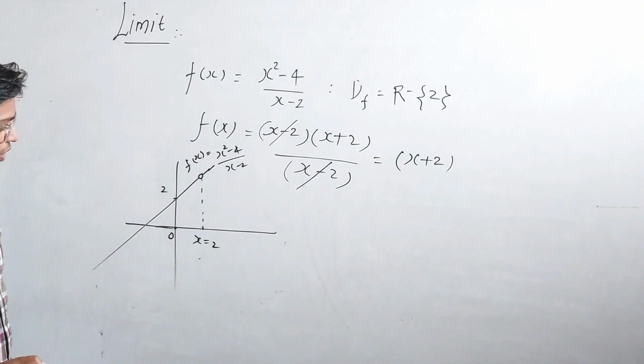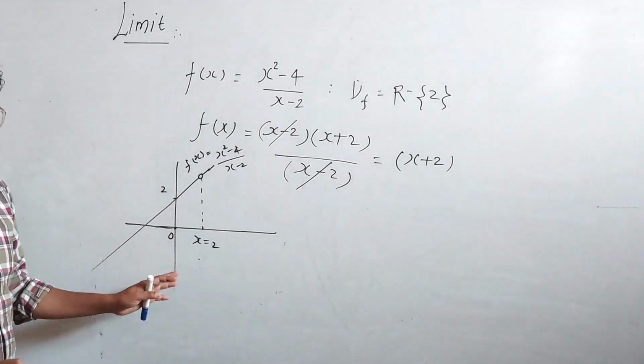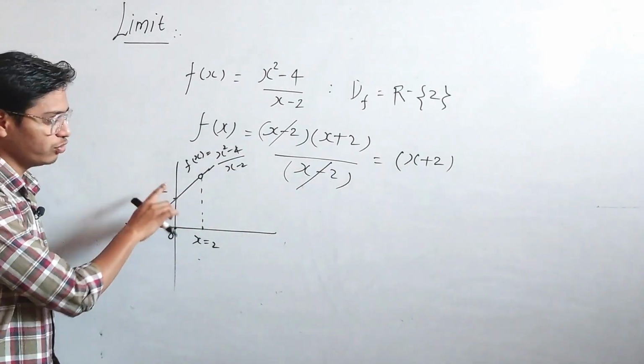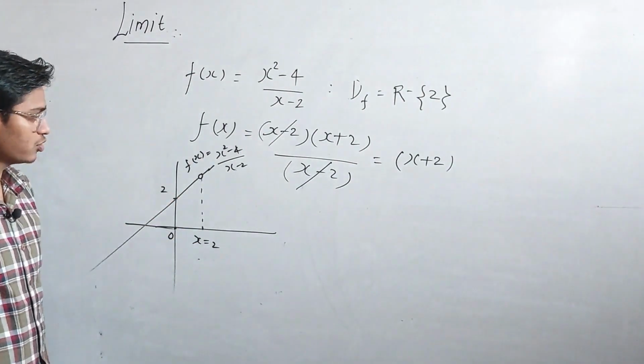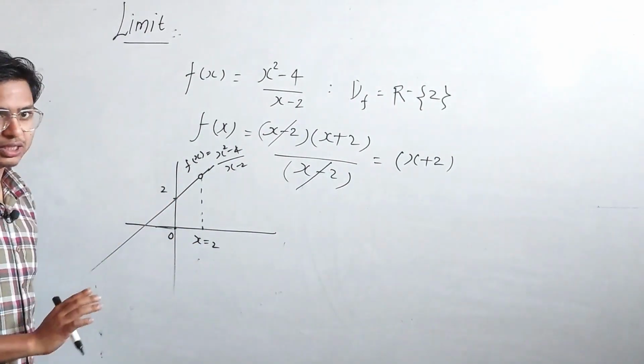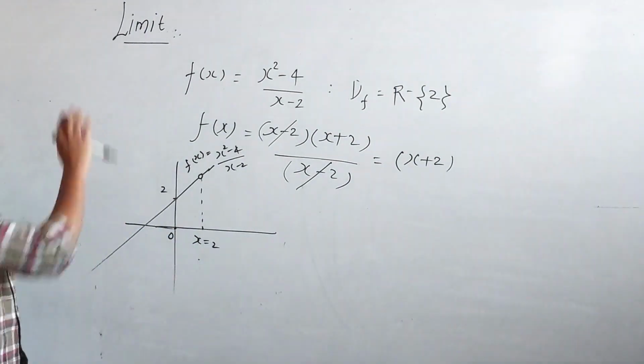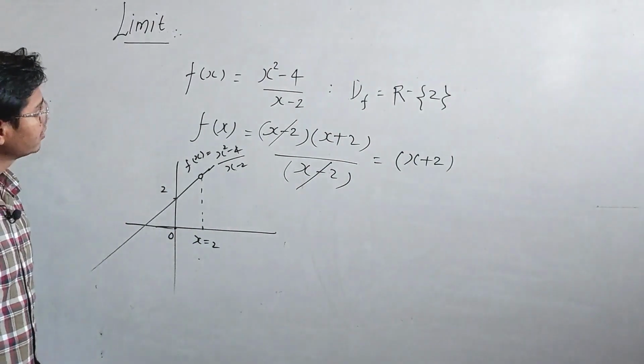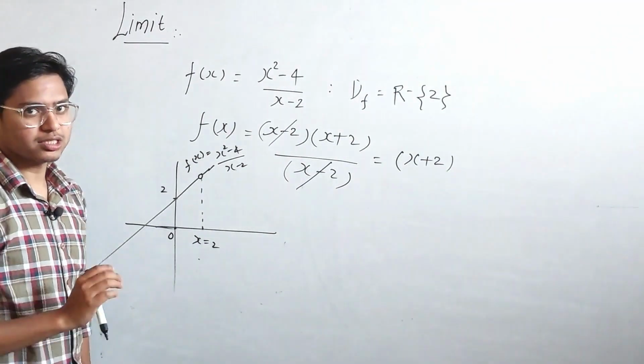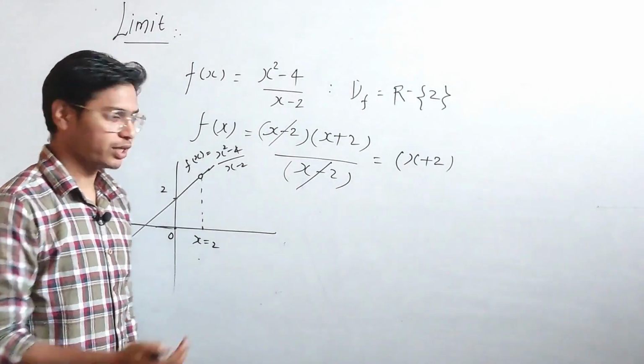But in spite of this, we want to calculate the value of the function exactly at x equal to 2, which we cannot define. So we take help of the concept of limit. That is, the concept of limit is the concept of neighborhood points.